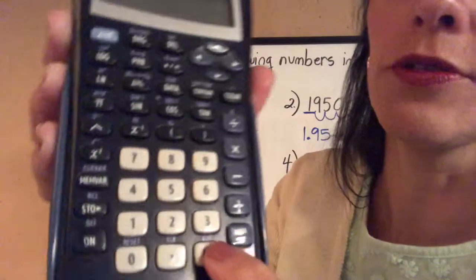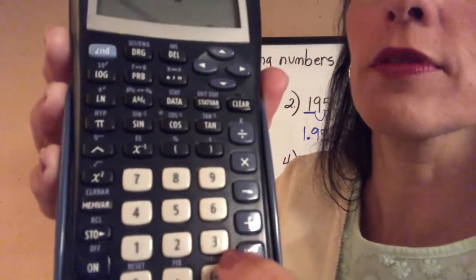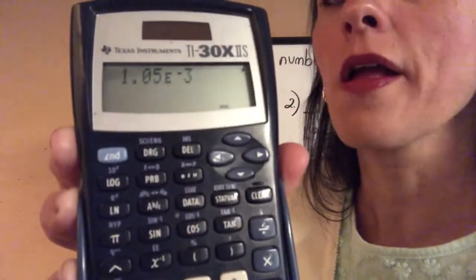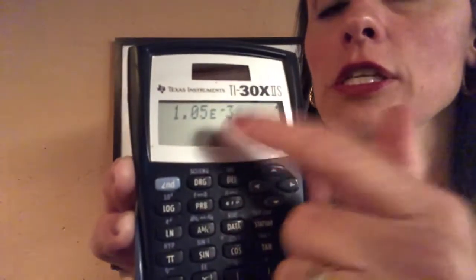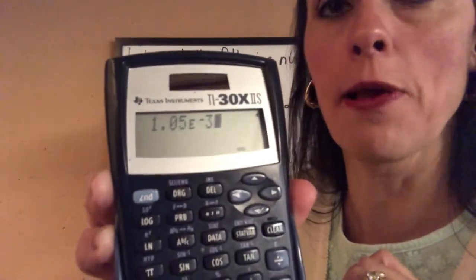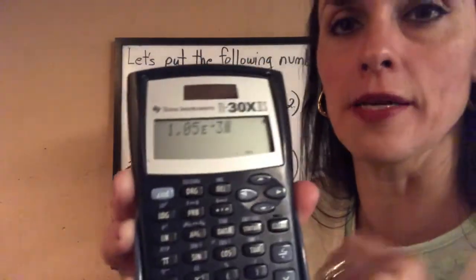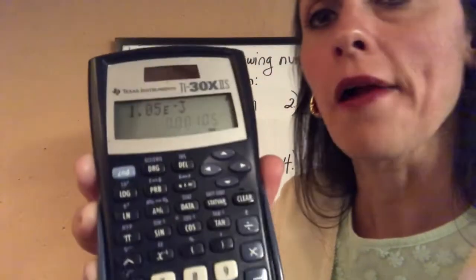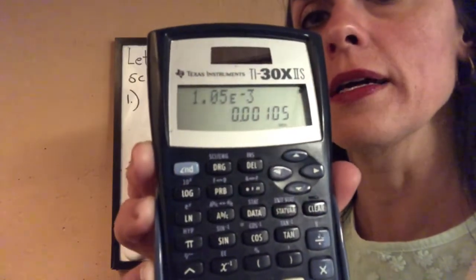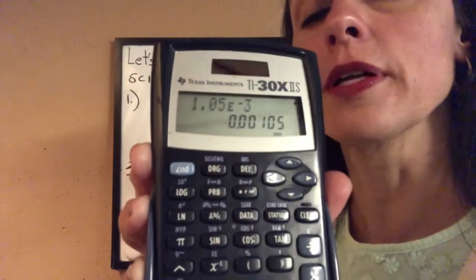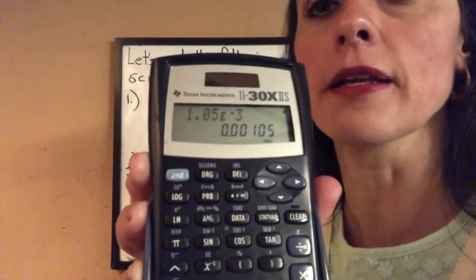Then all you need to do is put in the negative 3. If you use this exponent function, you do not use the times 10, because this exponent function is the same as times 10. Those are the two ways that you can put numbers in scientific notation into your calculator.